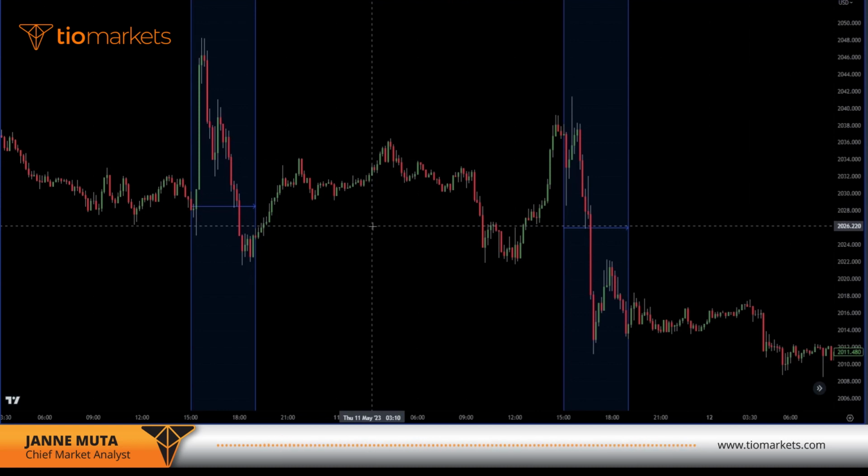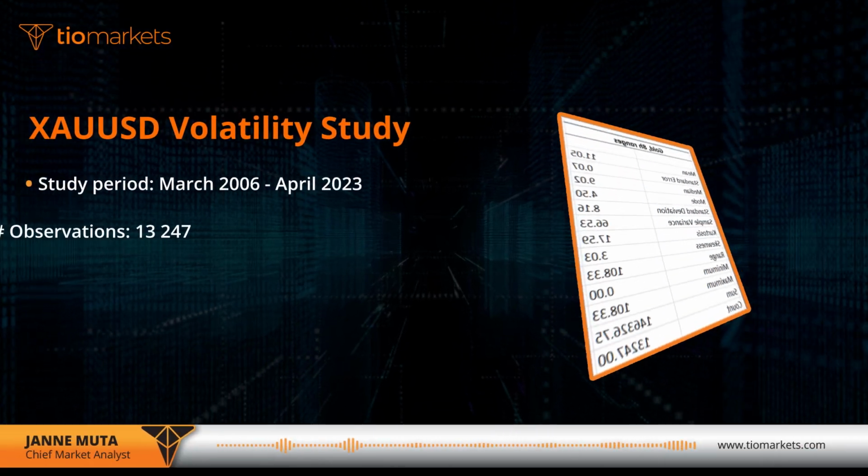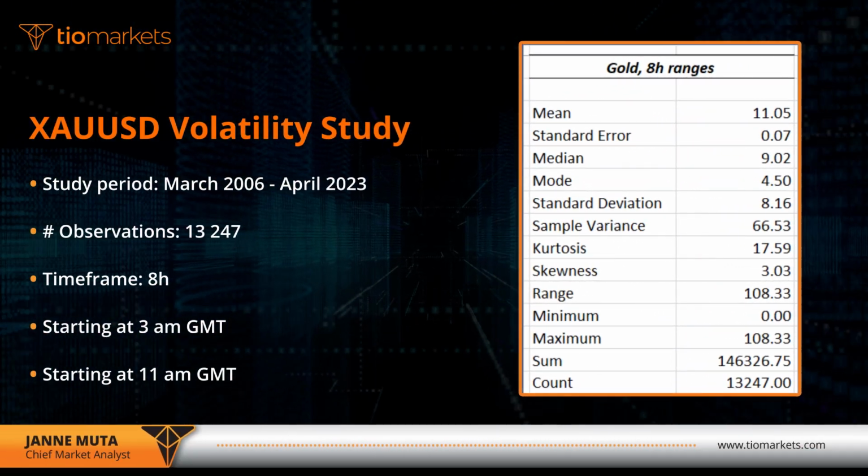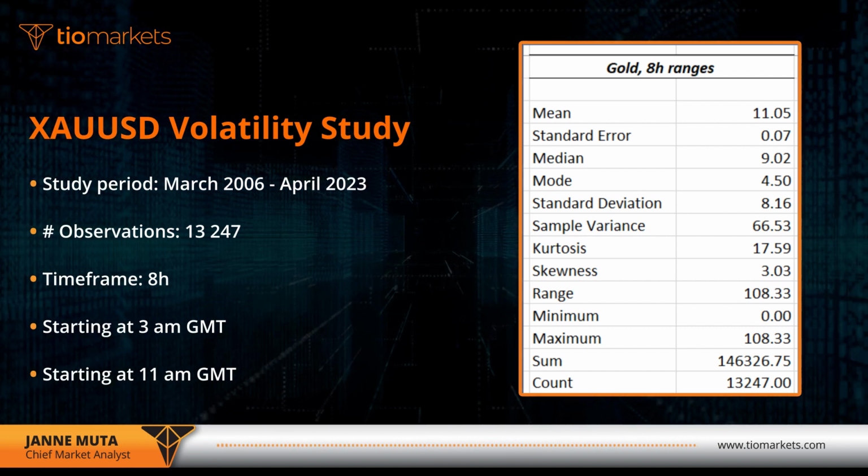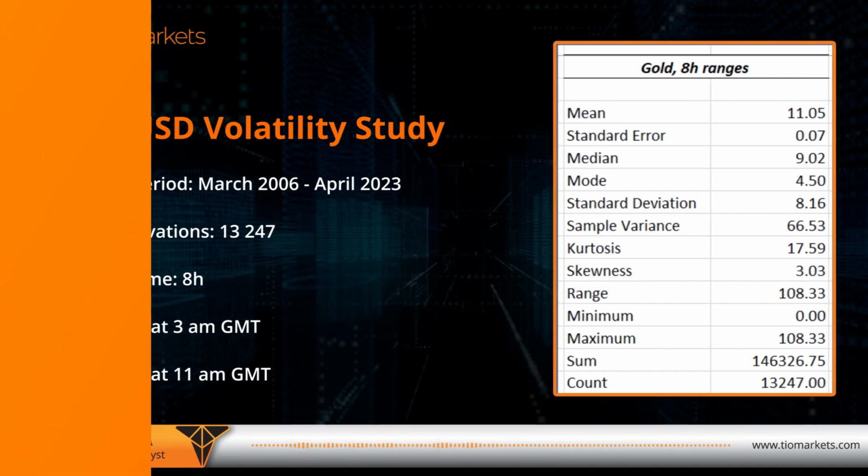And I have done an extensive statistical study on how gold prices move. I will include the video link in the description. And there I have something like 17 years of data, and I looked at the periods when gold is moving the most.